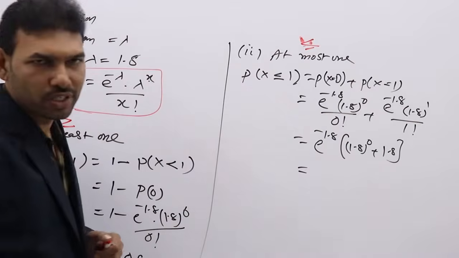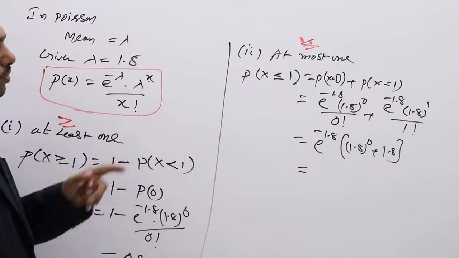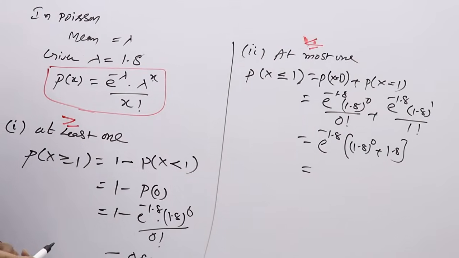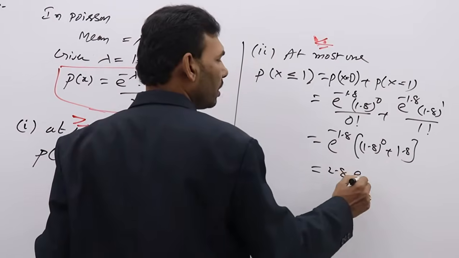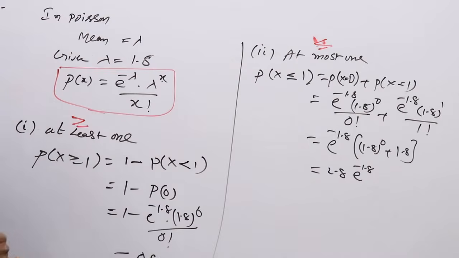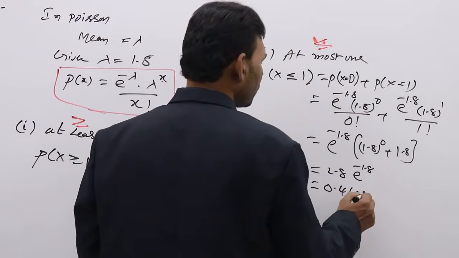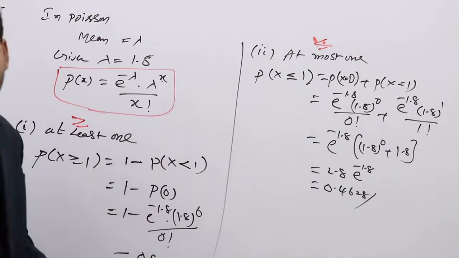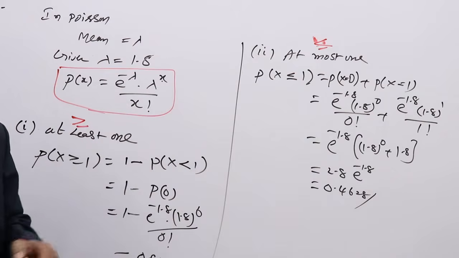Calculate using your calculator: 1 plus 1.8 is 2.8. 2.8 into e power minus 1.8, or 2.8 by e power 1.8. If you type, you will get 0.46. Use your calculator, whatever value you get, note it down. Okay? Any doubts you may express.